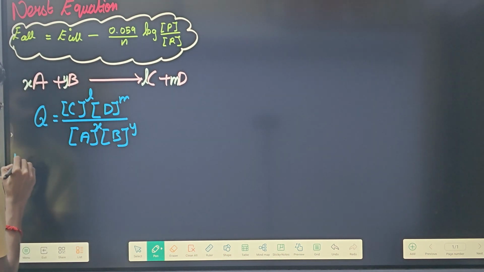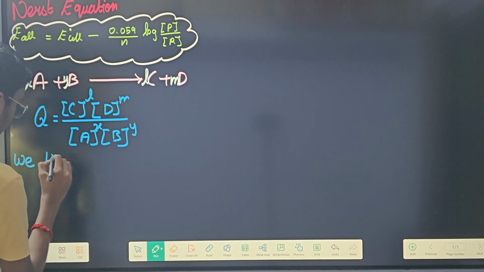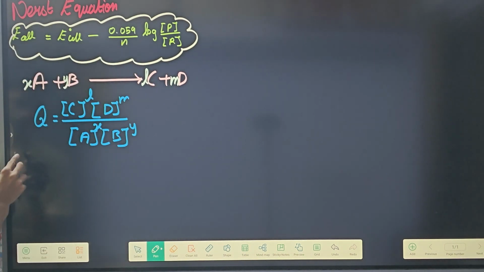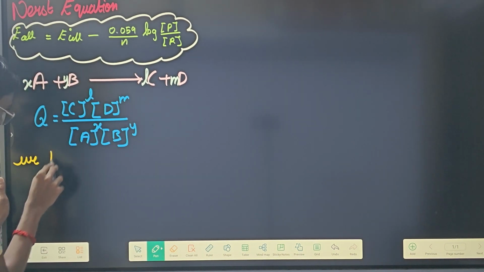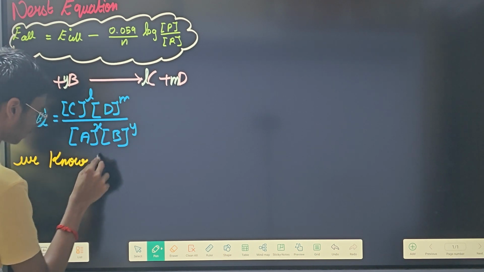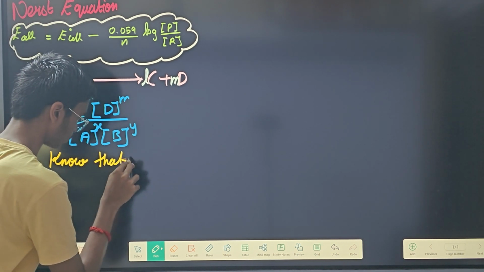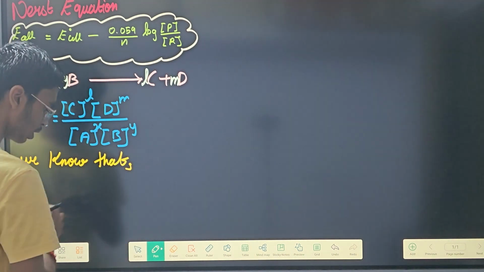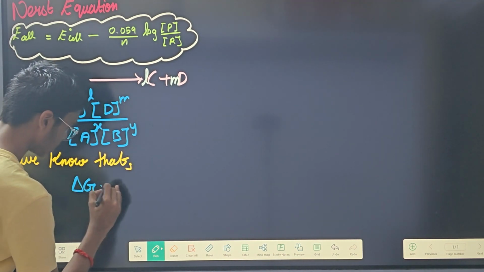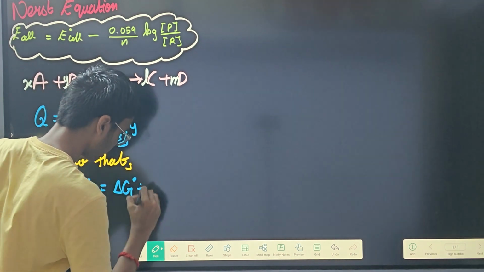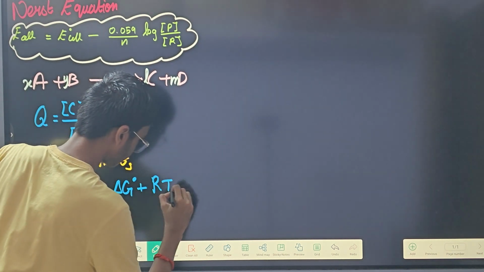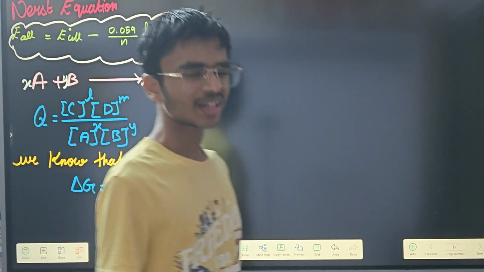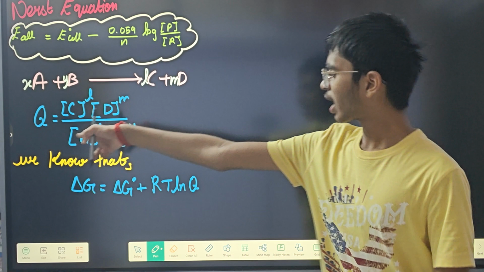So we know that delta G is equal to delta G naught plus RT ln Q. ln Q is the natural logarithm of Q, which is the reaction quotient.